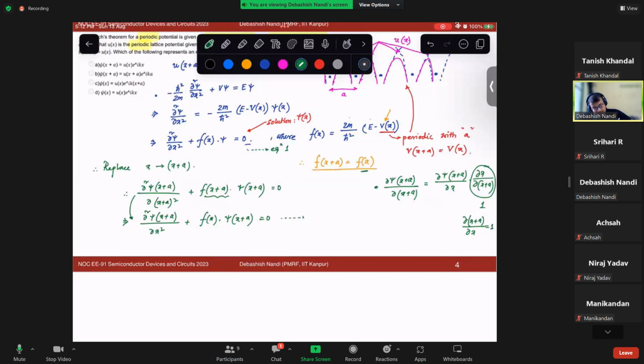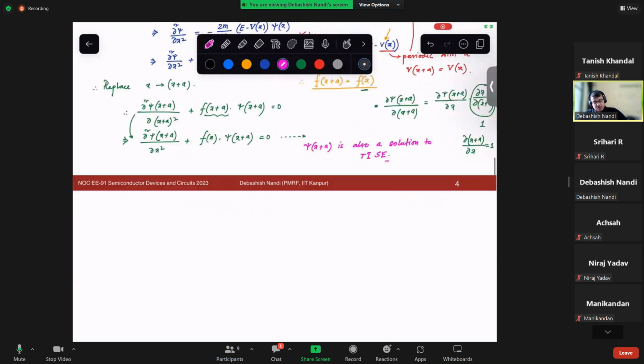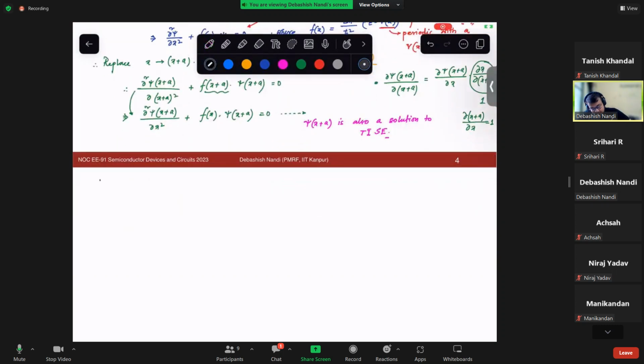So from this equation, what you can notice is that psi of x plus a is also a solution to the Schrodinger equation. More precisely, the time independent Schrodinger equation. So now tell me one thing, can I conclude that psi of x satisfies the Schrodinger equation, and psi of x plus a satisfies the same equation?